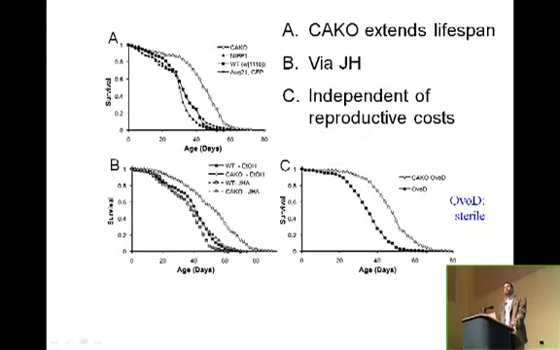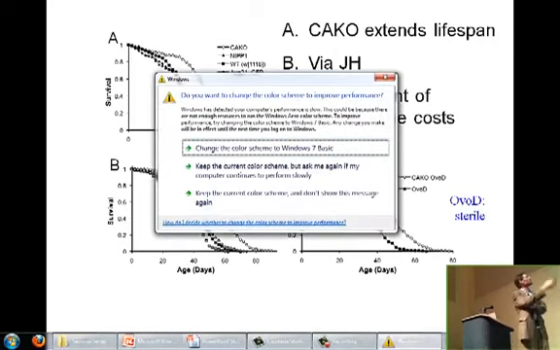So now we can ask, is juvenile hormone itself sufficient to control aging? And it is. This top panel shows the controls, actually 3 controls, and this is the corpora allata knockout fly. It's a pretty substantial and reproducible extension of lifespan and survivorship.